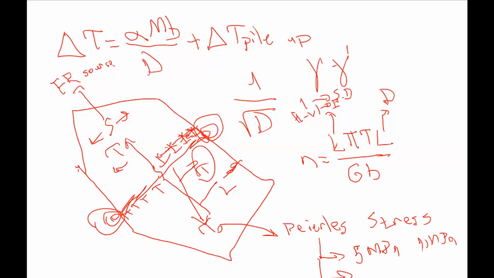This will reduce. So the net shear stress is the applied shear stress minus the lattice resistance. Let me call it tau zero. And this is, let me call it not net, but the effective stress that contributes to plastic deformation.